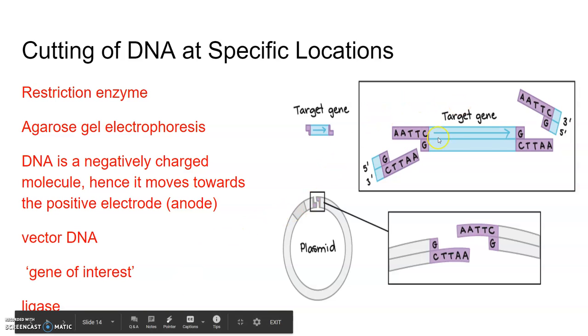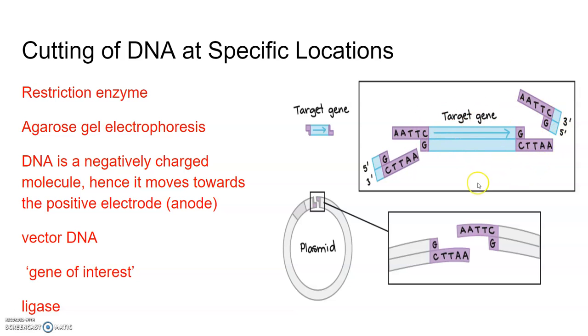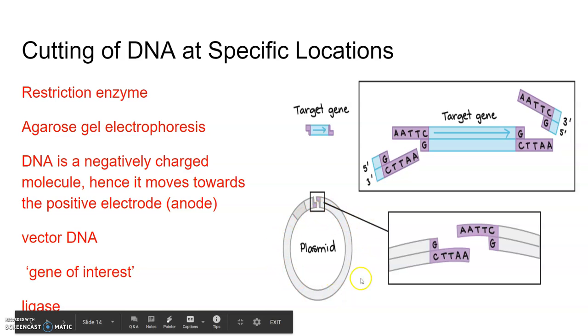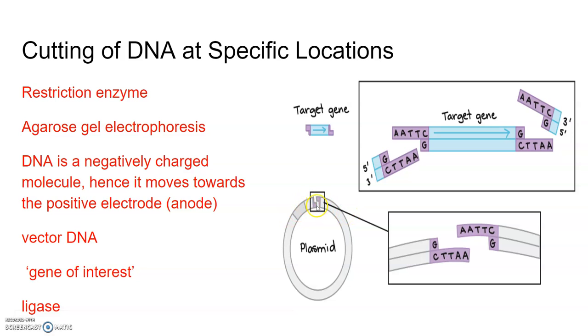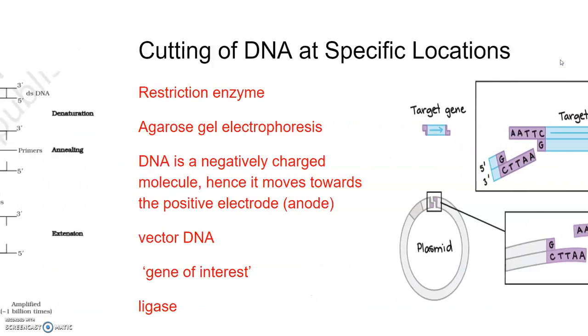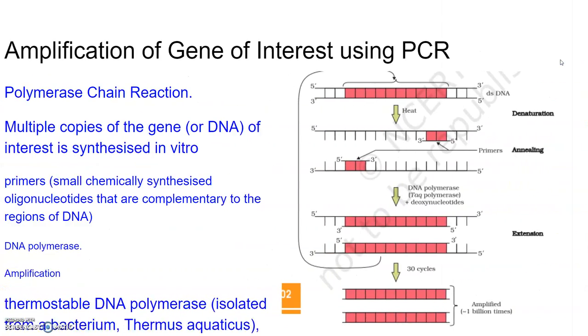Here we can see how this process, which we have already studied in detail, works: the restriction enzymes cut the DNA at specific sites, and after that the target gene is added. We use plasmids as vectors, put that specific gene in, and this is combined with the help of the ligase enzyme.